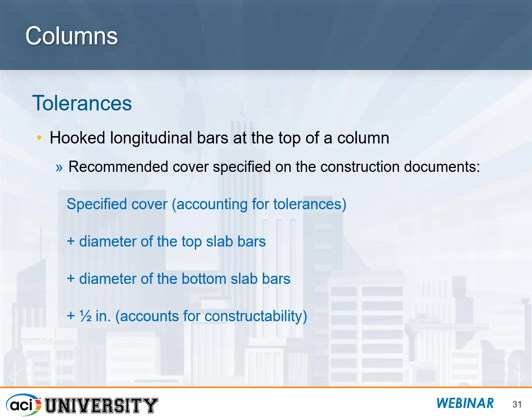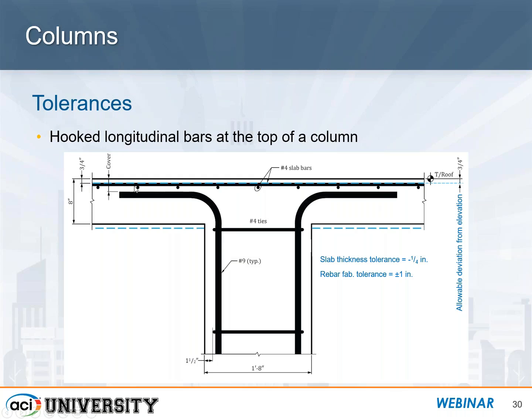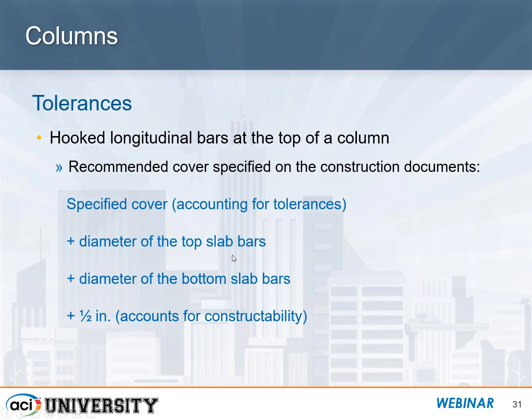And how do we typically do that? Well, we can come up with a specified cover and put that on our construction documents and also change that detail a little bit. And that's going to eliminate a lot of the problems that could possibly occur. So this recommended cover, which would be this cover here to the hook bar, will be some specified cover, which obviously we can't go below the 1.5 inches that's given in ACI 318.